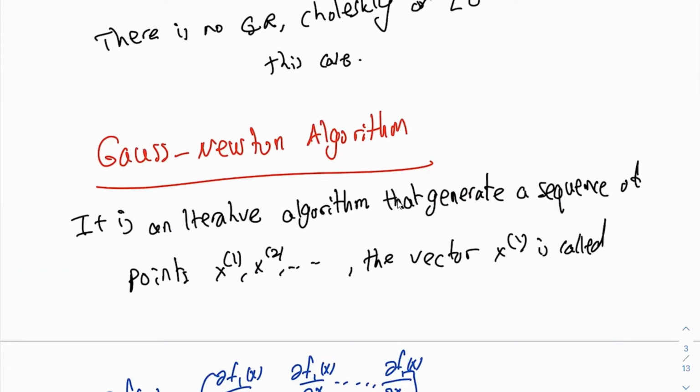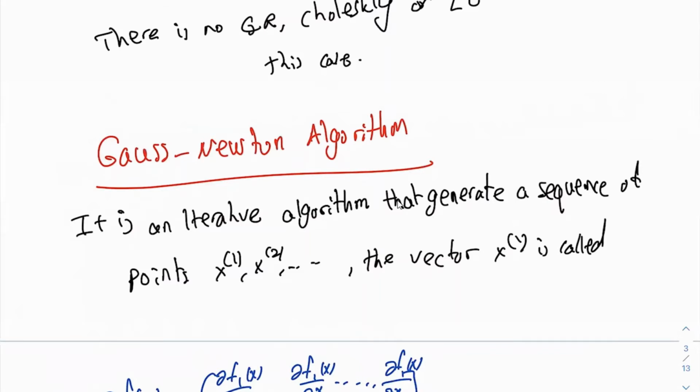First, it's an iterative algorithm that generates a sequence of points. We call them estimates. You start from an initial point, you get another point; you start from x1, you get x2; you start from x2, you get x3. We are hoping that as the algorithm proceeds, our new estimate is a better estimate, or at least closer to the solution we want in some sense that we're going to define.